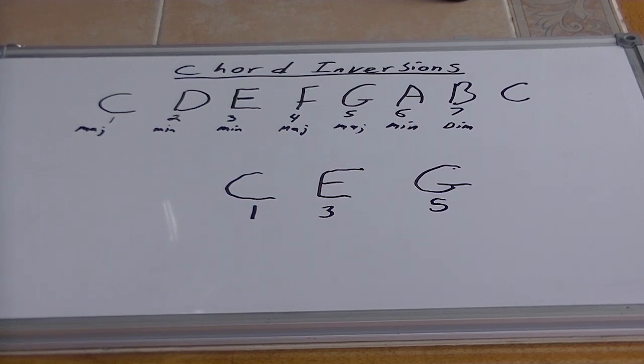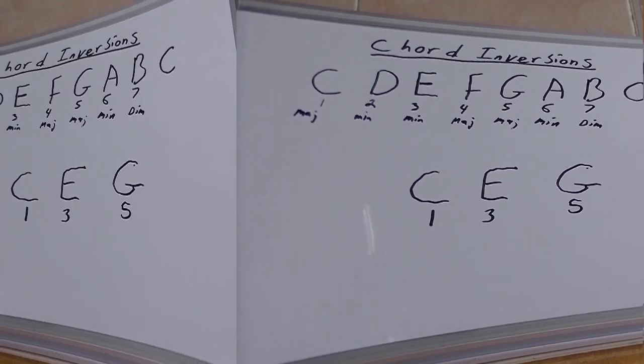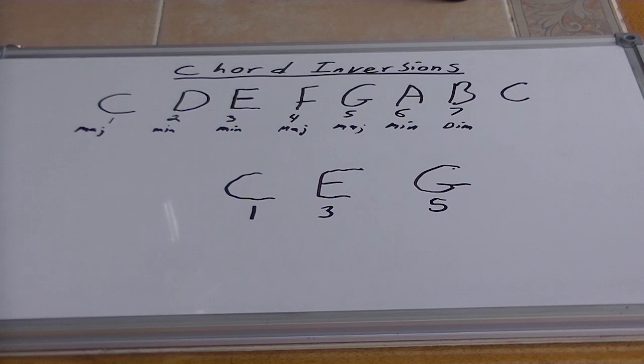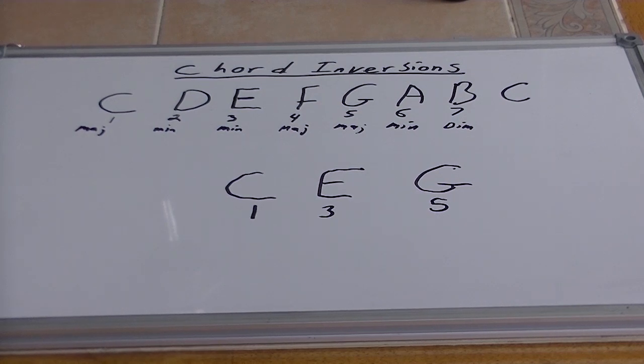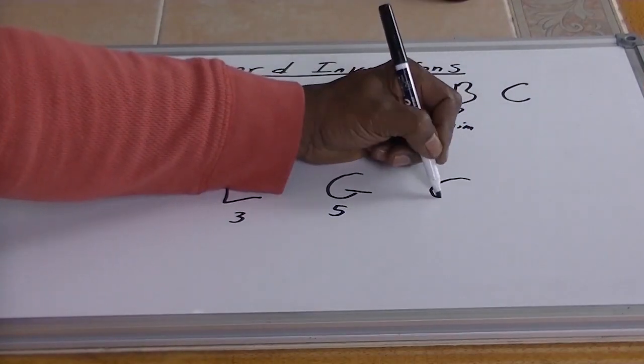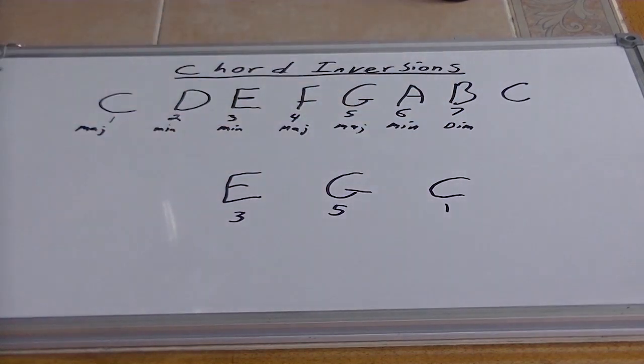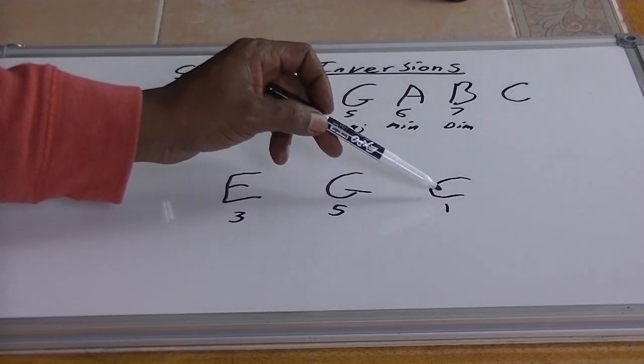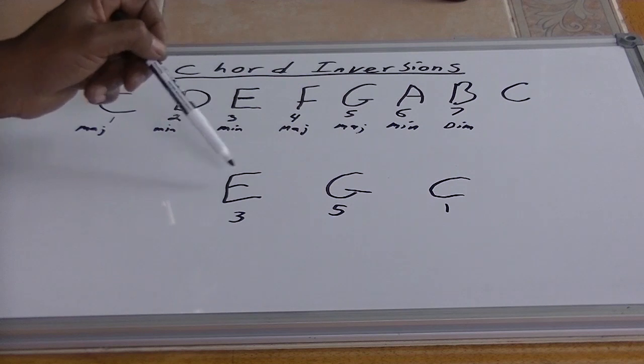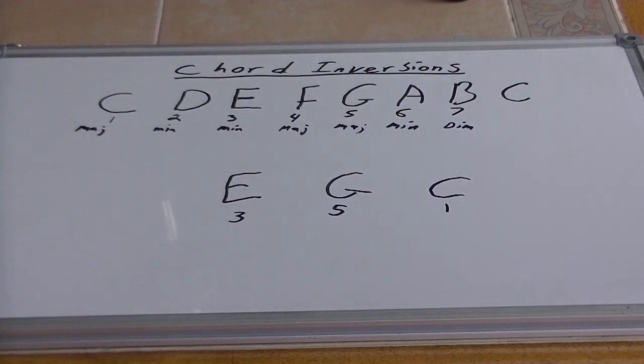However, this is not the only way that we can represent a C chord. What we could do, if we wanted to, is decide to make the E note the lowest note of the chord. So now we have the root note, however, the root note is higher in pitch than the other 2 notes.